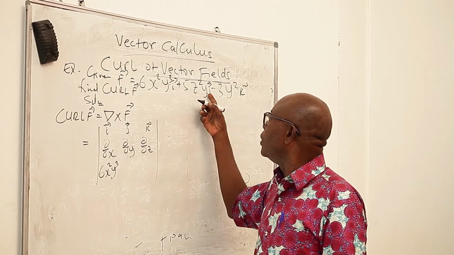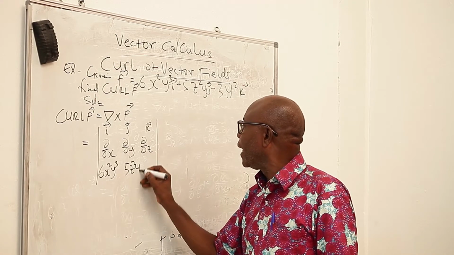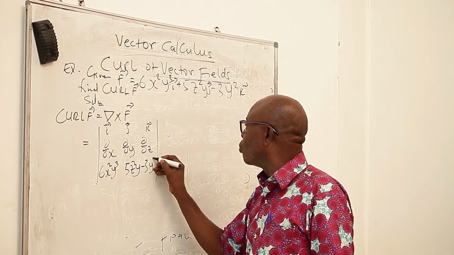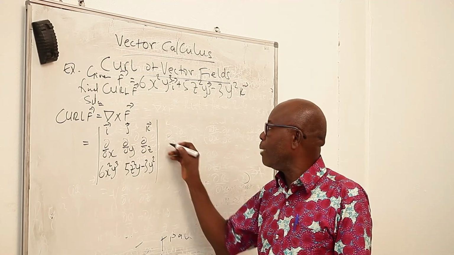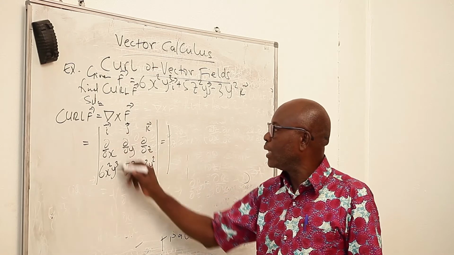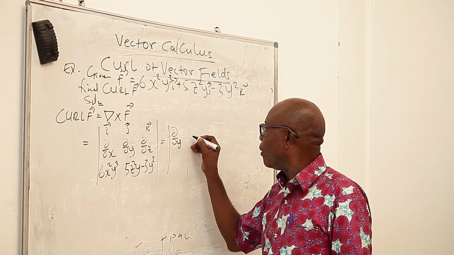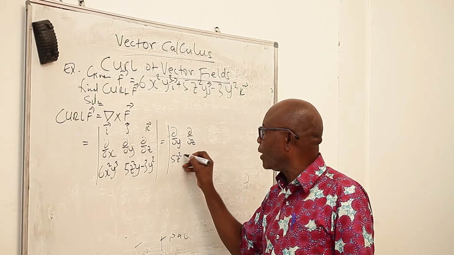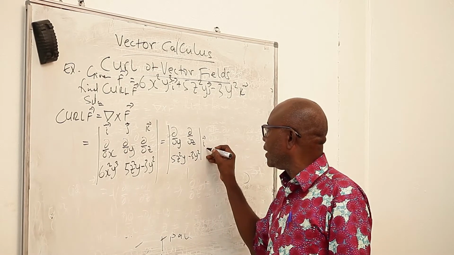In the j component is 5z squared y, and then the k component is minus 3y squared. And so we're going to use the 3 by 3 determinant. So that one is going to be like this. We cross here, so we're left with partial y, partial z. We have 5z squared y minus 3y squared, all in the i direction.